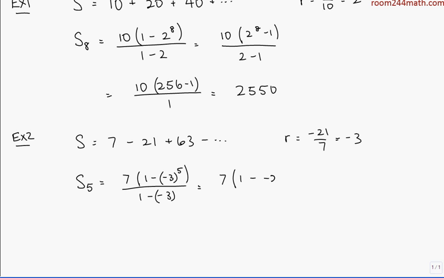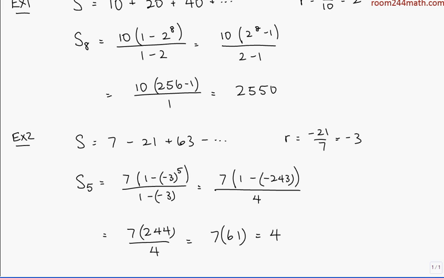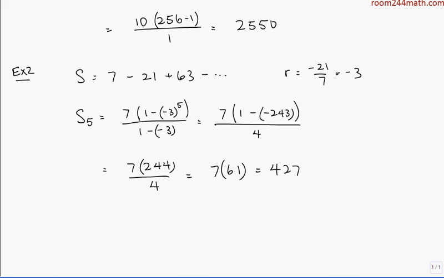So we have 7 times 1 minus negative 243 all over 1 minus negative 3, which is the same as 1 plus 3, which is 4. And 1 minus negative 243 is the same as 1 plus 243, which is 244. So we have 7 times 244 all over 4. We can take out a common factor of 4, and we get 7 times 61. So this is 427.